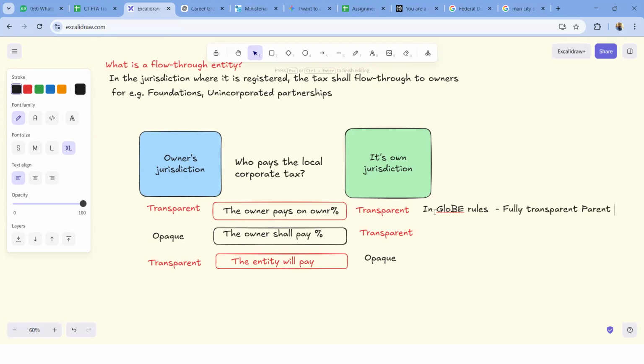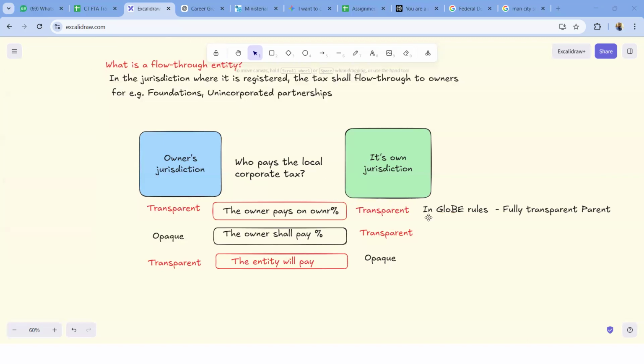So is there going to be any allocation? Are you getting the rationale, guys? In GloBE rules, if it is fully transparent, it can't come and say that there is a flow-through entity and this would be considered separate. No, it won't. So in such a scenario, the income would be in the parent's books, and the tax will also be in the parent's books. So there is no allocation.